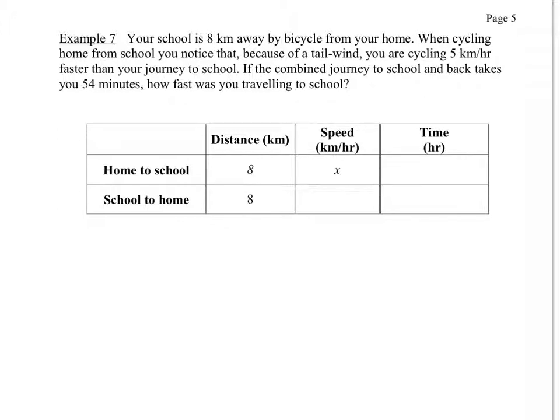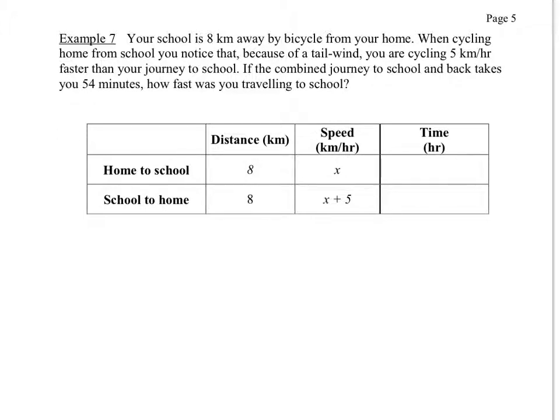And we're also told that we are cycling 5 kilometers per hour faster when we go home because there's a wind behind us. So going from school to home should be x plus 5. That's 5 kilometers per hour faster than home to school.